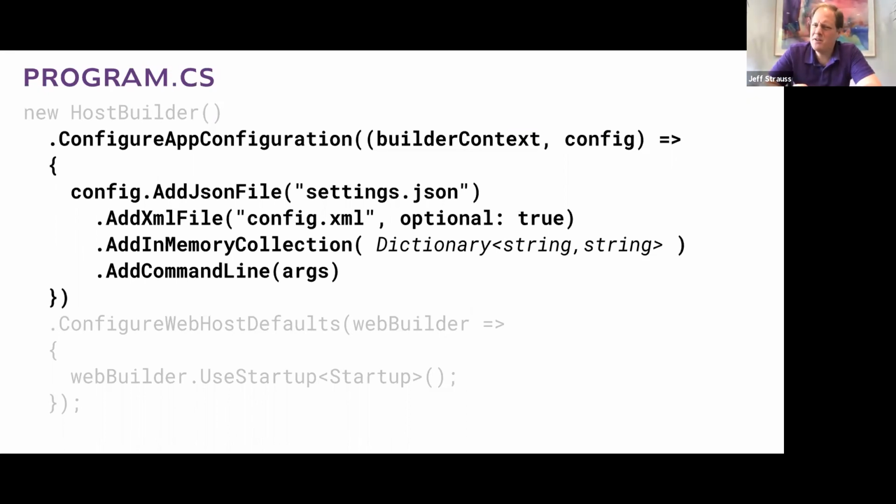There's also a configuration provider for INI files, if anyone uses the INI format for settings files. You can add an INI file and it'll read that. One that I think is really interesting is this in-memory collection. This thing is pretty cool. If you're setting up test projects, you can create a dictionary of string to string or string to object, right there in your code, and then you can load that stuff into your configuration.